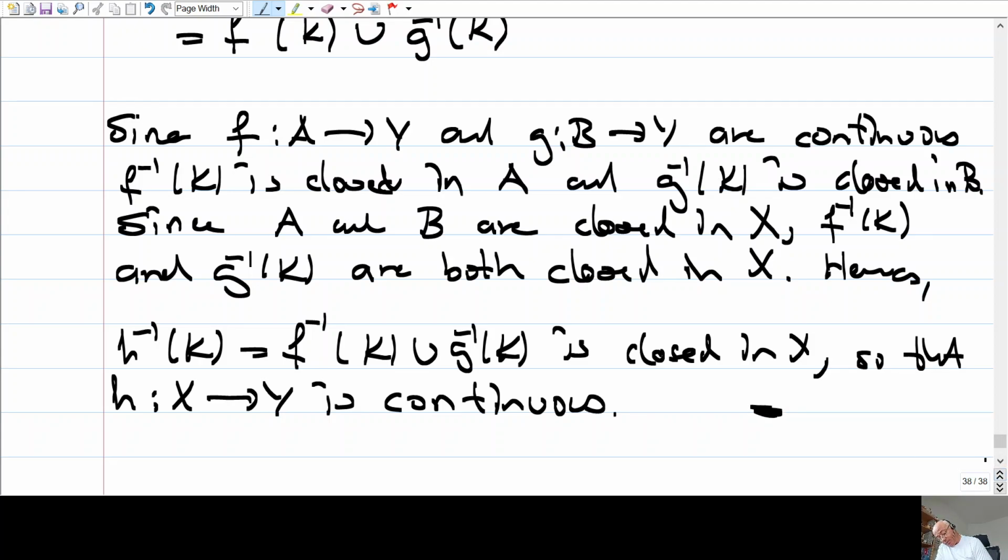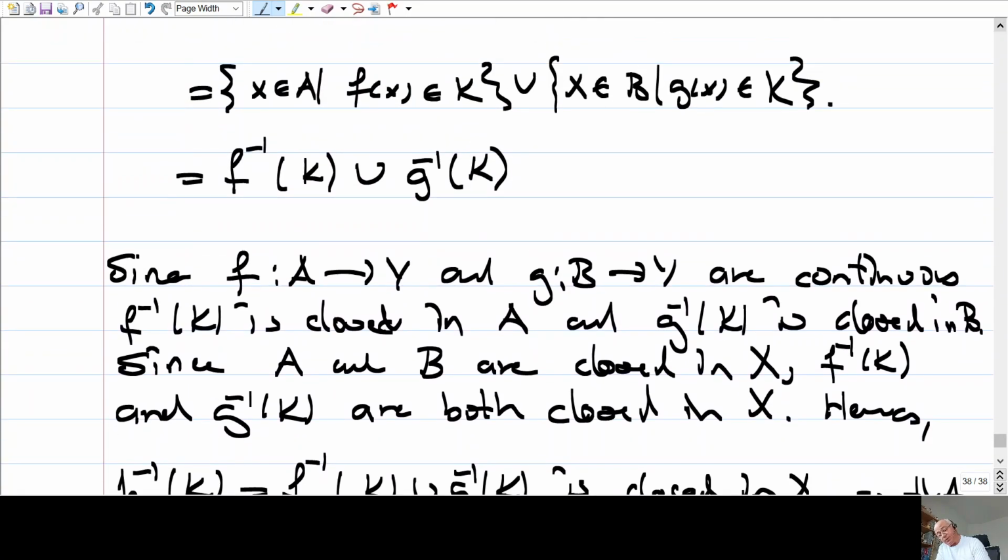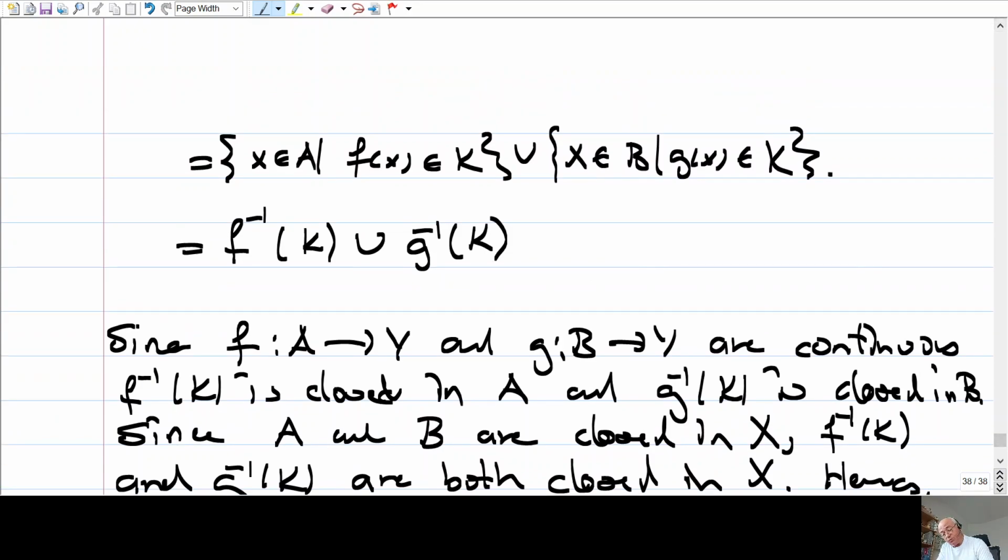All right. Now, I will tell you why this doesn't work. Well, actually, it is clear why it doesn't work for arbitrary unions, infinite unions, because in that case we wouldn't have just two sets, but infinitely many closed sets, and a union of infinitely many closed sets may not be closed, right?